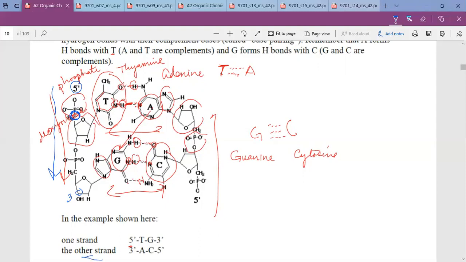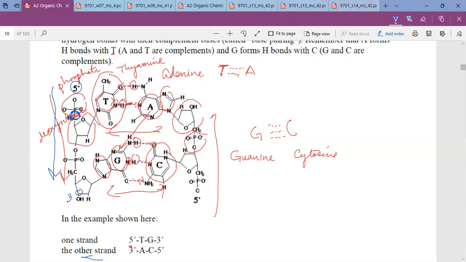The other strand is 3 to 5, and the last one is 3 here.